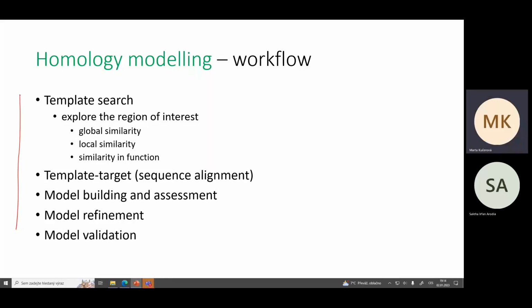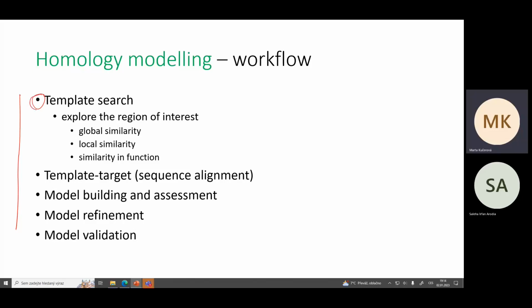However, we know the amino acid sequence, and based on a template, templates can be a relative or related protein where the 3D structure is known, we can use it as a template and predict the 3D structure of the unknown protein.